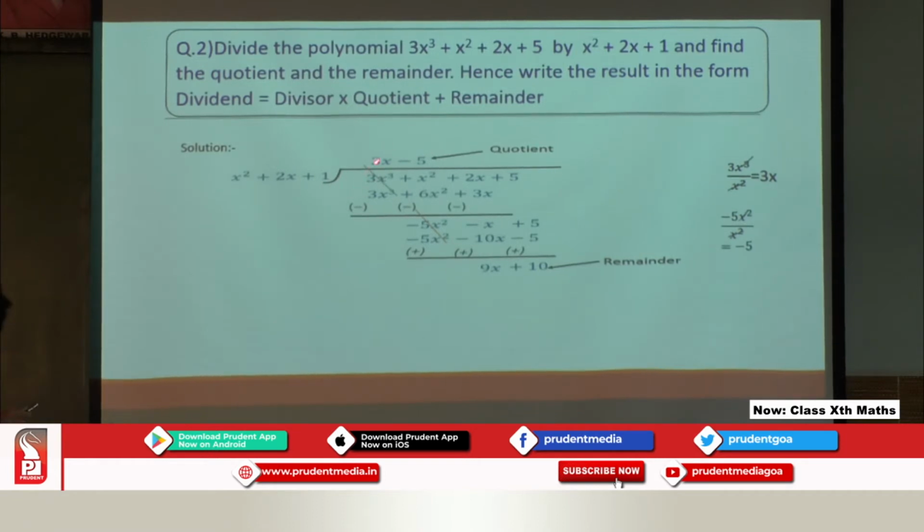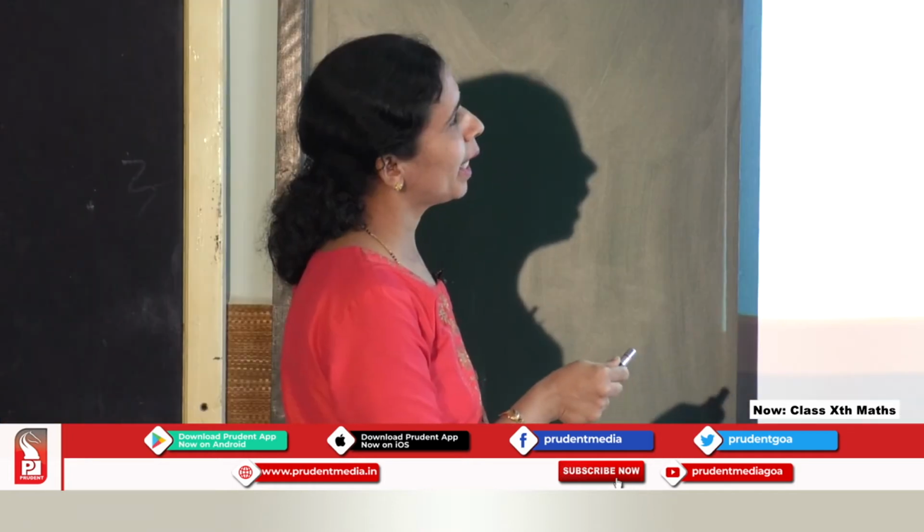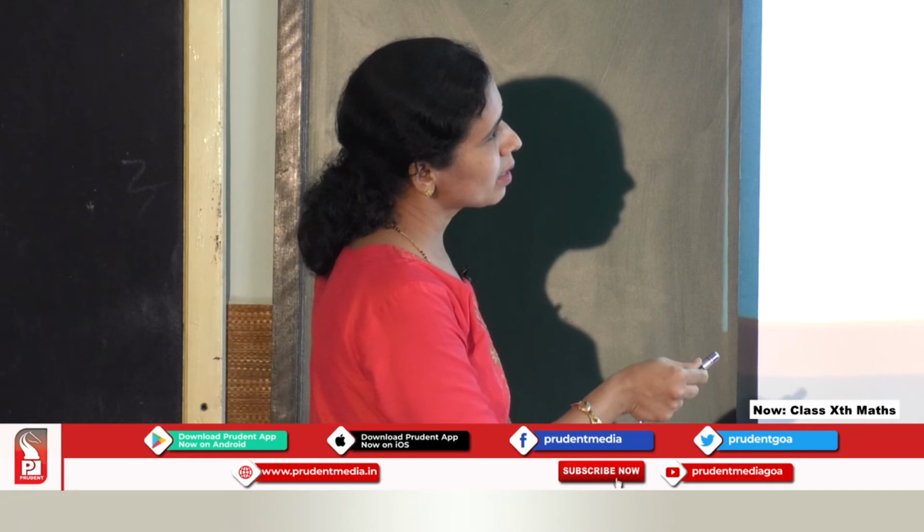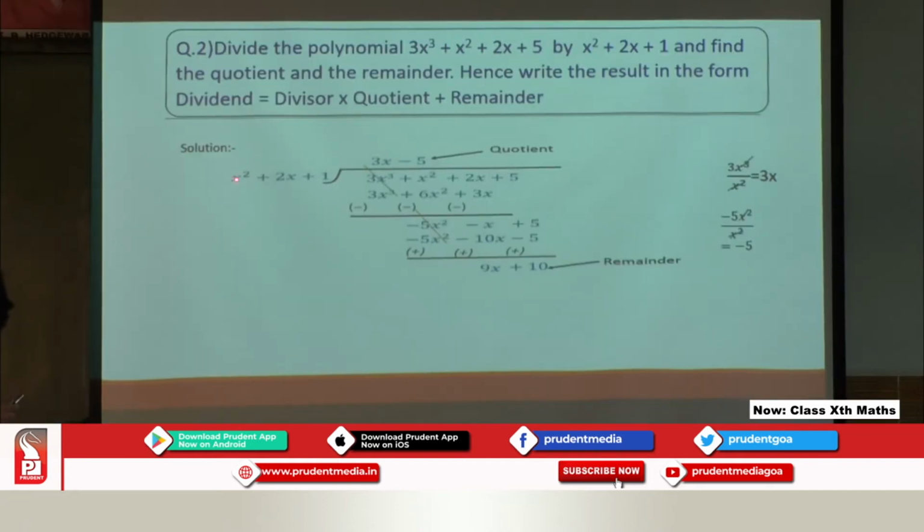Now this 3x we should multiply by the entire divisor. So 3x into x square, that is 3x cube. Again both are positive, plus into plus is plus, 3x into 2x, 3 2s are 6x square, again plus into plus, that is plus, 3 1s are 3x.